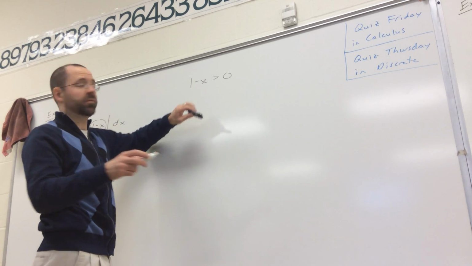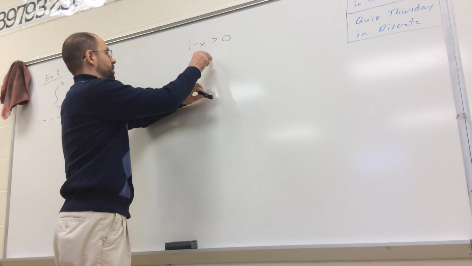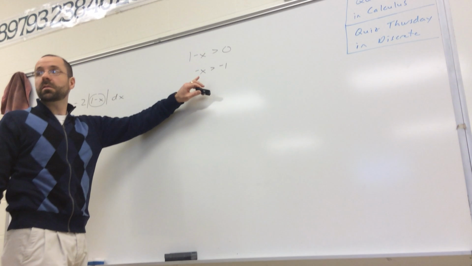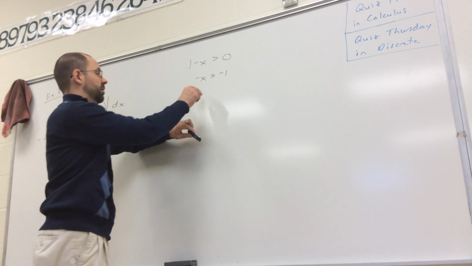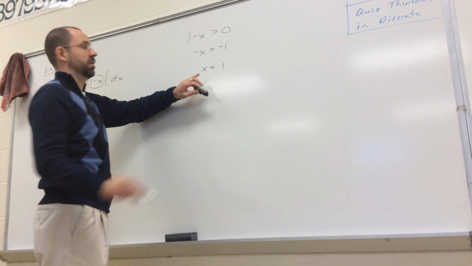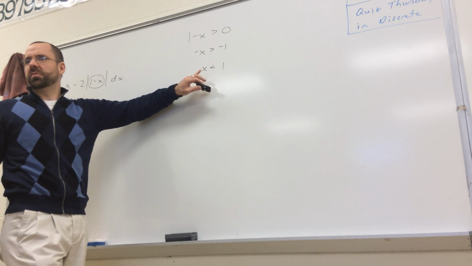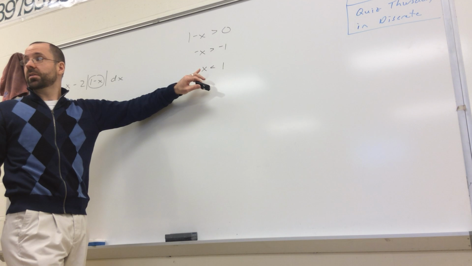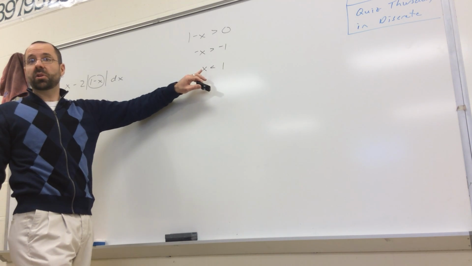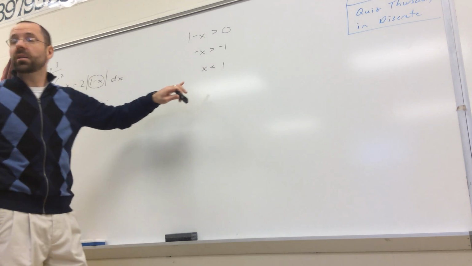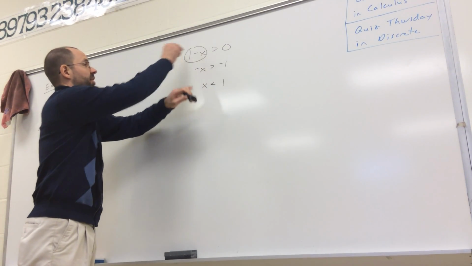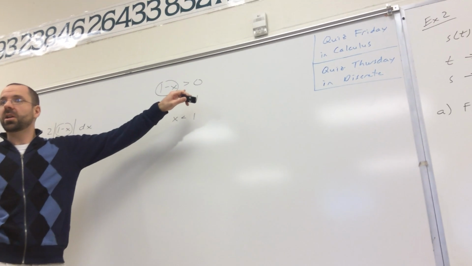So I'm going to subtract 1 from both sides. And then divide by -1. When you divide both sides of an inequality by a negative, it switches the direction, right? So that's why it's less than 1. So we just found out when x is less than 1, this mess here is a positive number, which makes sense, right?